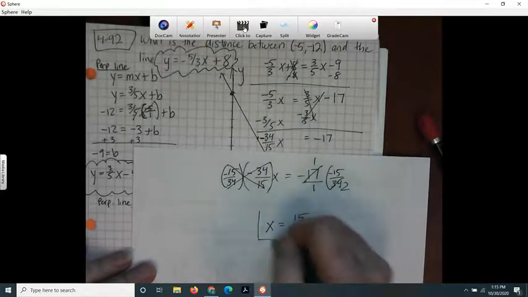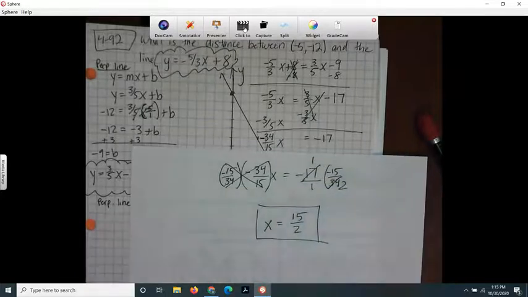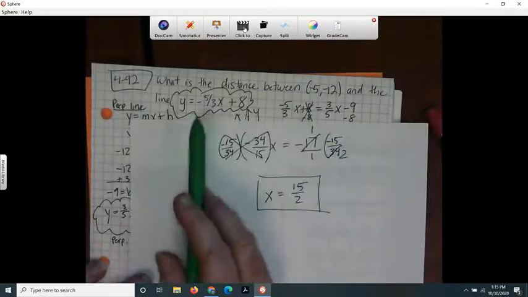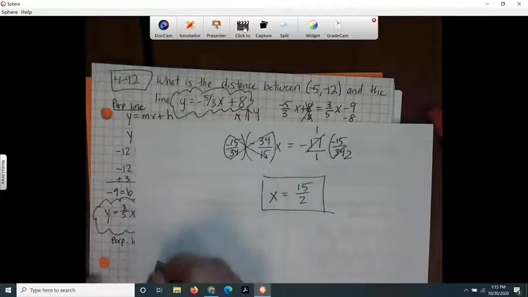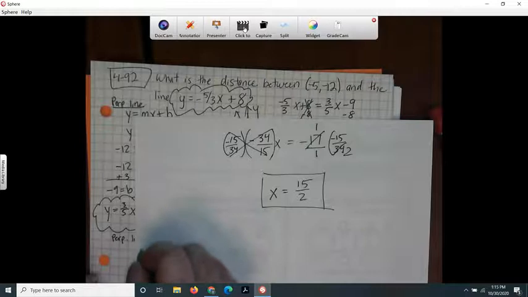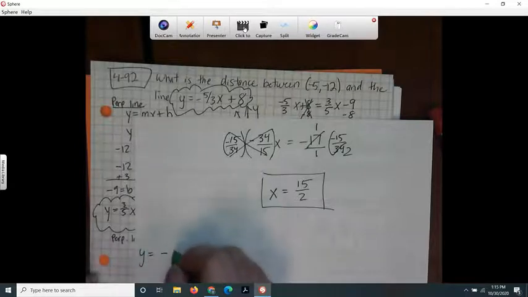Okay, and then I'm going to try to find y. So how can I find y? I can plug it in. Let's just plug it into the original equation. So y is equal to negative 5/3 times x plus 8.